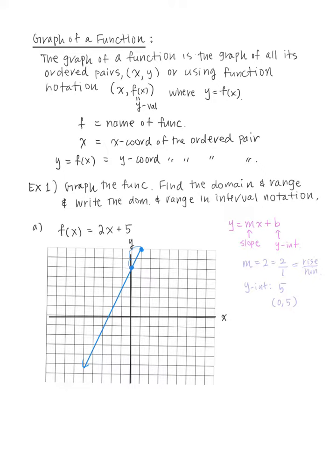Let's also remind ourselves that a line is infinite, so this tail end is going to keep going upward and this is going to keep going downward. Again, the domain is the set of x values where the graph is defined. So let's take a look at maybe x equals negative 1, 2, 3, 4, 5, 6, 7 or something like that. When x is negative 7, do we have a graph there?